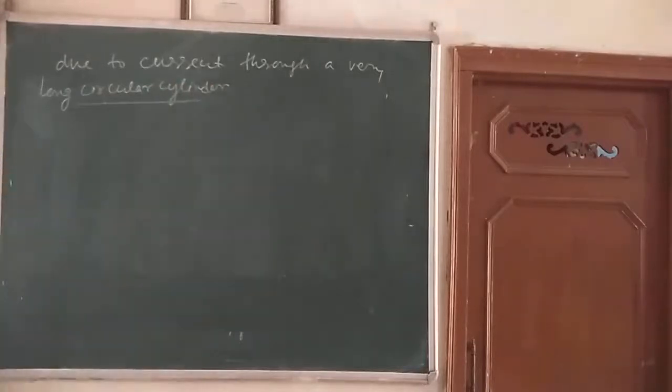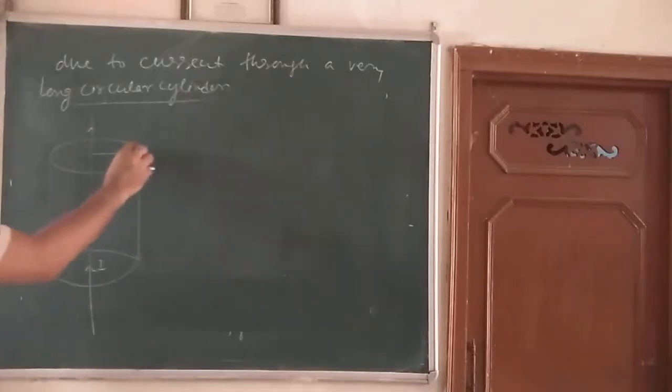First I am drawing a diagram here, children. See, here is a cylinder. Take a cylinder here, and the axis of this cylinder is this one. Say this point is O. Along this axis the current I is flowing. The radius of this circular cylinder is R.